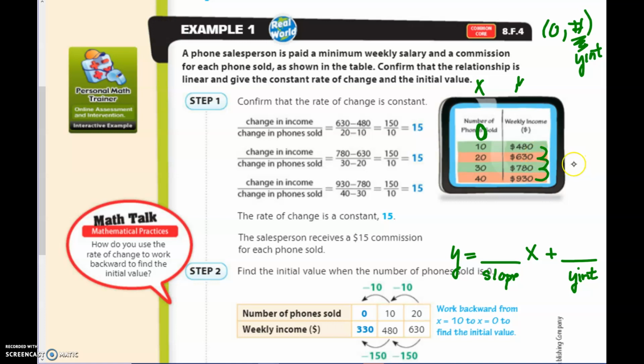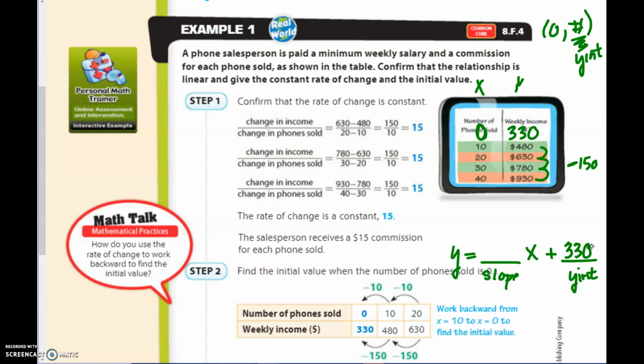So what we're doing is subtracting 150 to keep that pattern going. So 480 minus 150, and the number that would be right here would be 330. That's the initial value. So this person, the salesperson, gets paid $330 just for going to work without selling any phones.